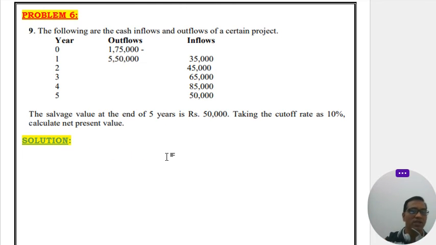So how to calculate here the cost of the project? First of all, cost of the project: 0 year 175,000 plus one more is there, year 1 also.